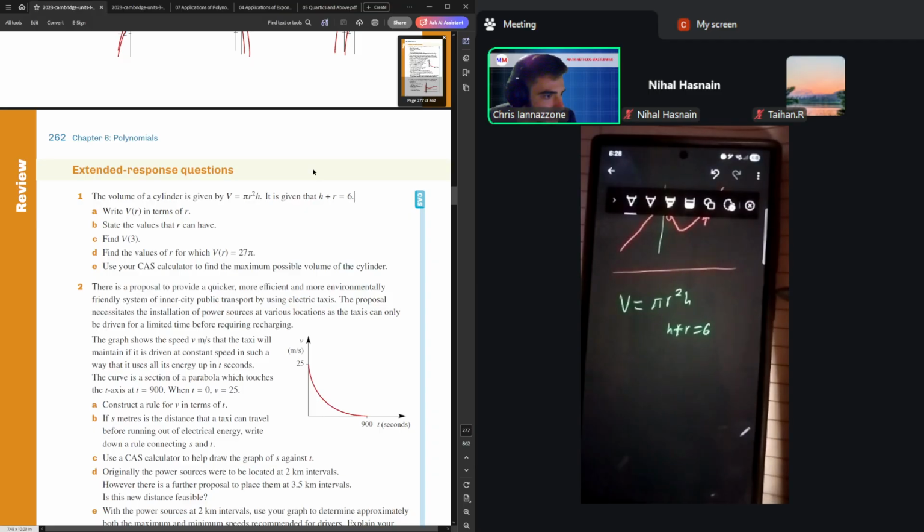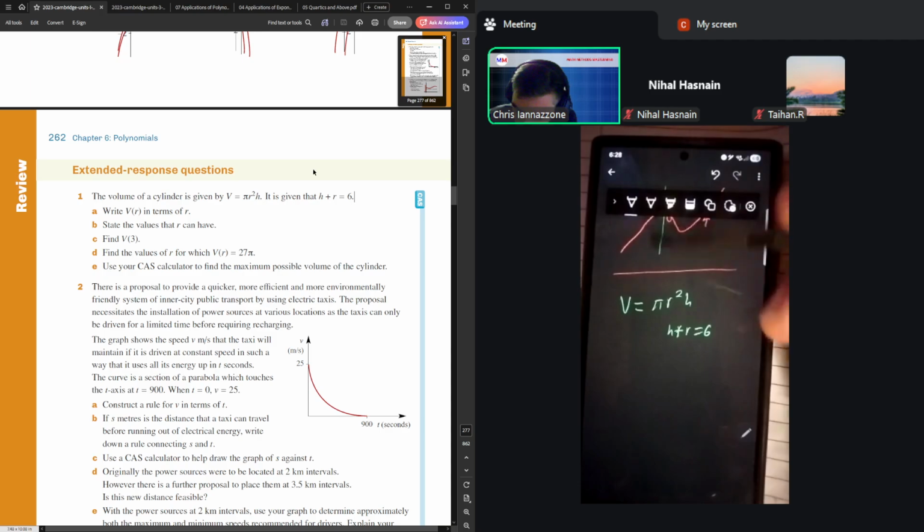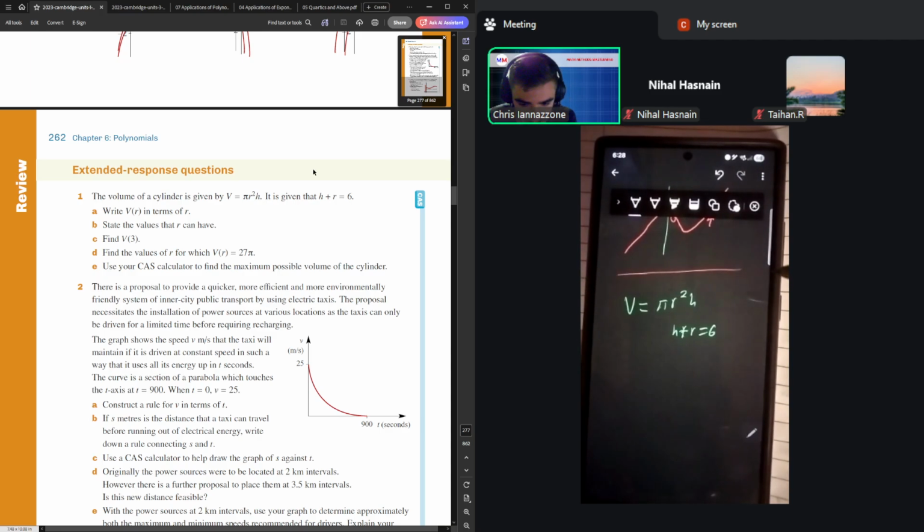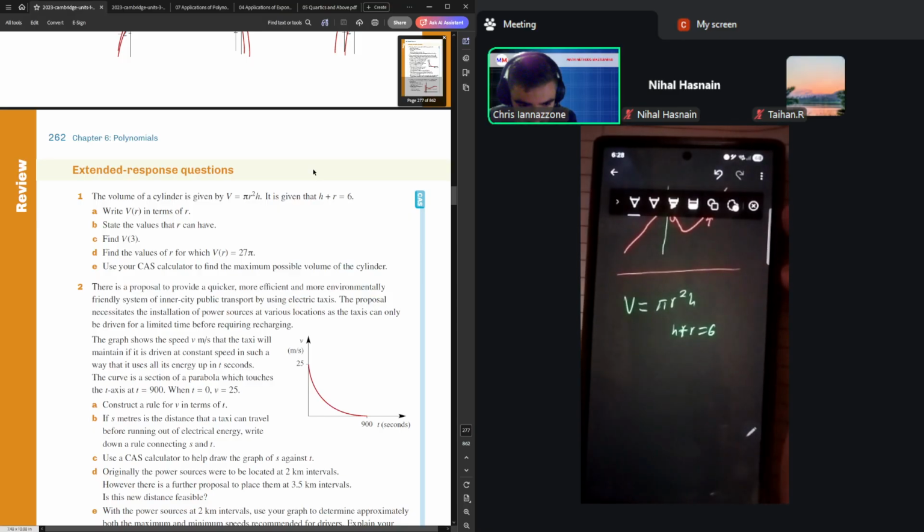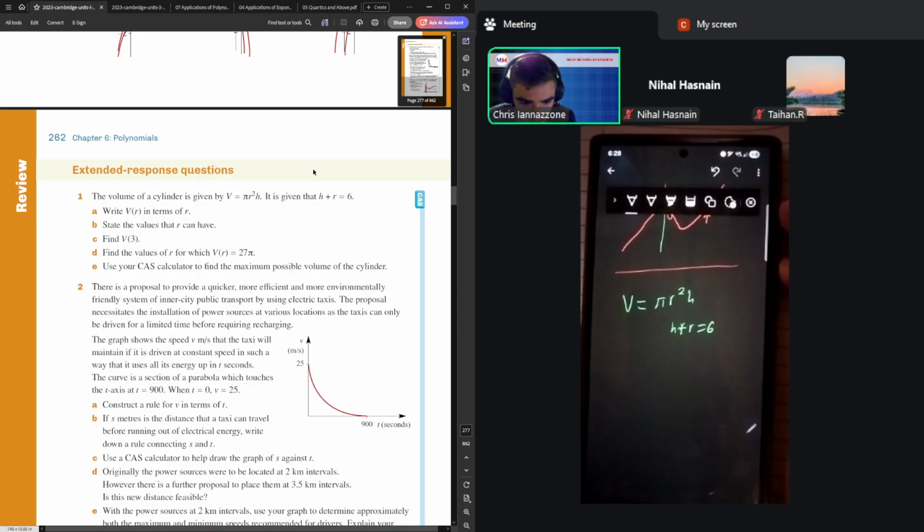We're trying to get r on its own. In fact, that's probably quick enough. Does anyone know what you do now to get only r's in this V? Got these two equations. This one's got an h in it. We're going to try and get rid of that h in terms of r.